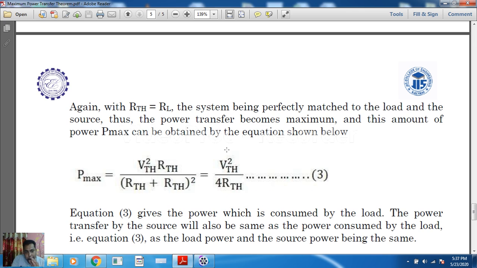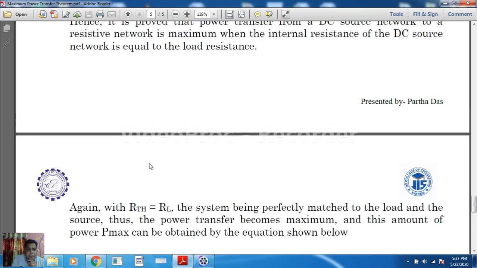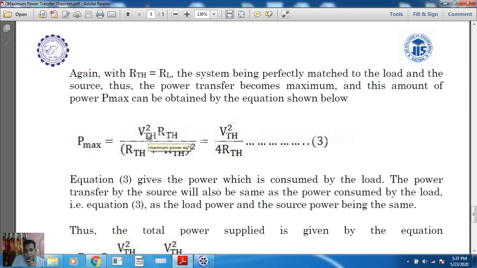Now we know RTH equal to RL is the condition when the maximum power will be delivered. If we put this value in the power equation, what was the equation? Our P max equation is VTH square into RTH by RTH plus RL whole square, but as RTH is equal to RL, we replace RL with RTH, so we get 4 RTH square, and one RTH from the upper and lower section cancels out.